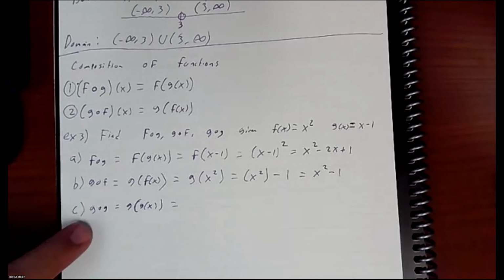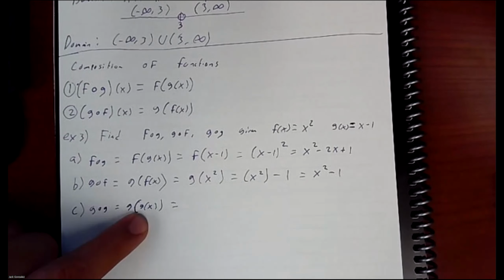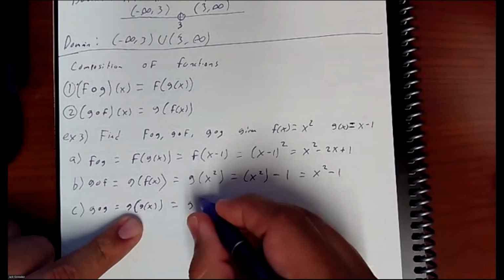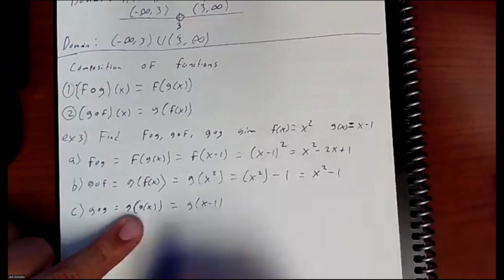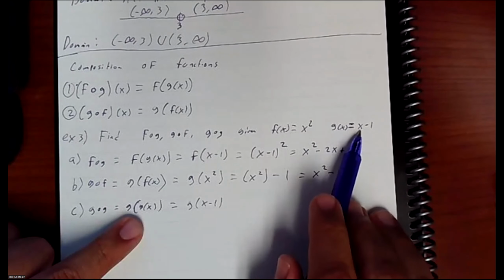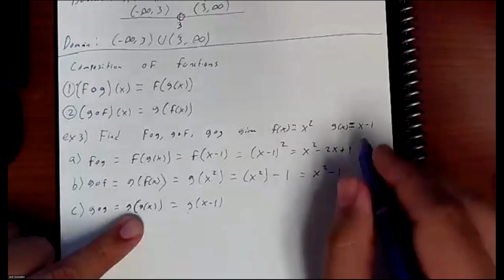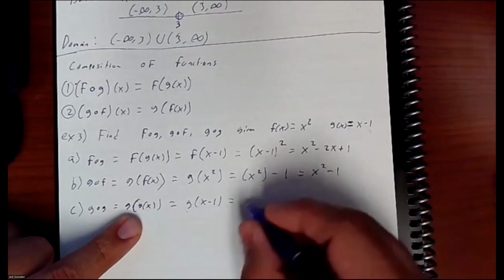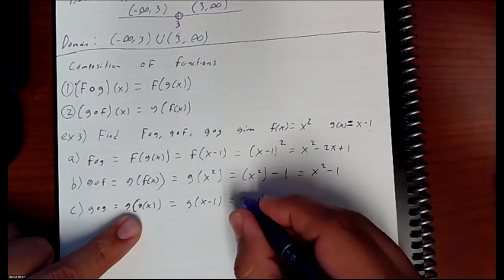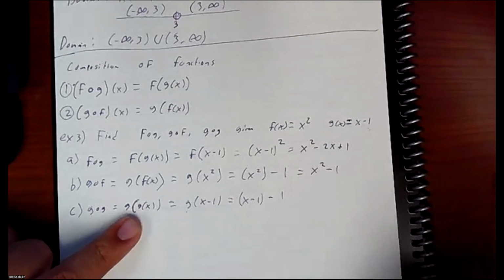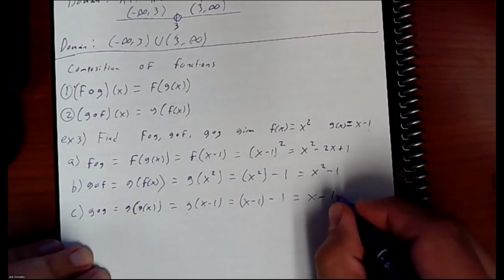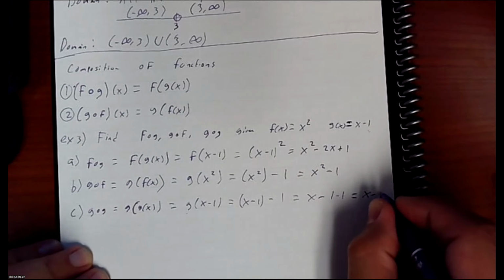Okay, so g of g means plug in the g inside the g. Which is kind of weird, right? g of x minus 1, that's what it told me to do. Here's the g, and I plug it into the g. What does g do? Well, it takes your input and subtracts 1, right? So this is my input, subtract 1. So we get x minus 1 minus 1, which is x minus 2.